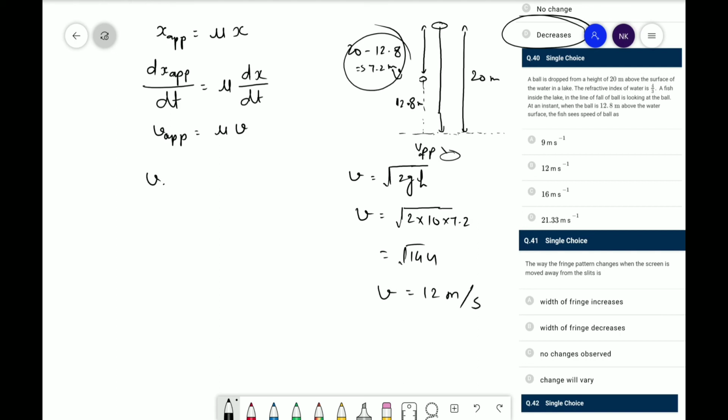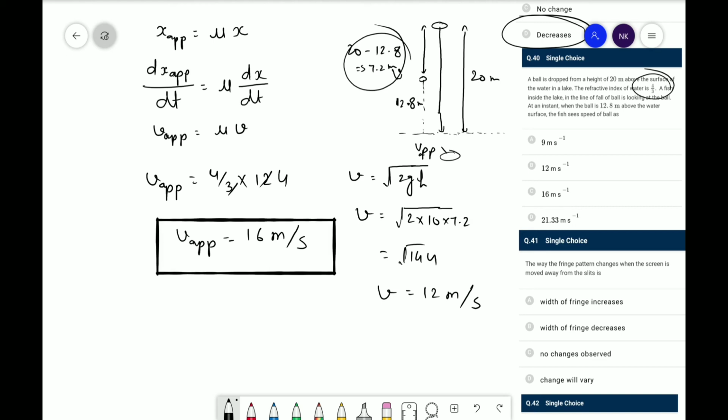Therefore the apparent velocity equals the refractive index 4/3 times 12. Hence the apparent speed will be equal to 16 meters per second, which is actually greater than the real speed. The correct answer is C.